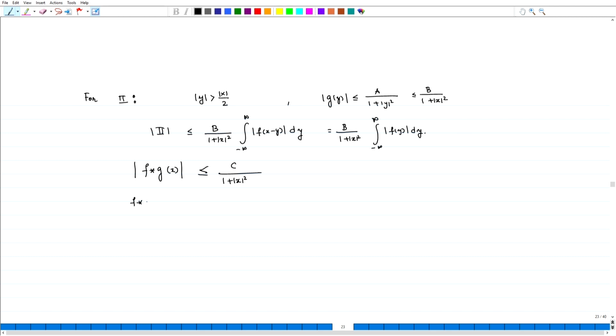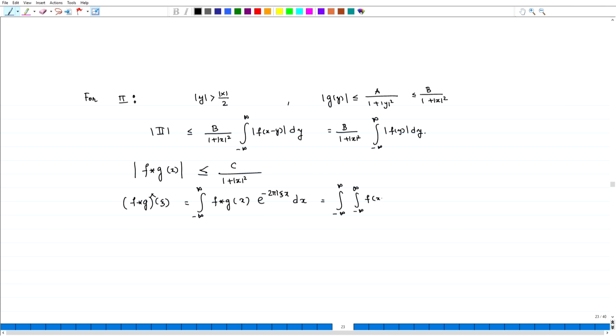The Fourier transform of f convolution g at ξ is the integral from minus infinity to infinity of (f convolution g)(x) e^(−2πiξx) dx, which is equal to the integral from minus infinity to infinity, and then I will open up the f convolution g.